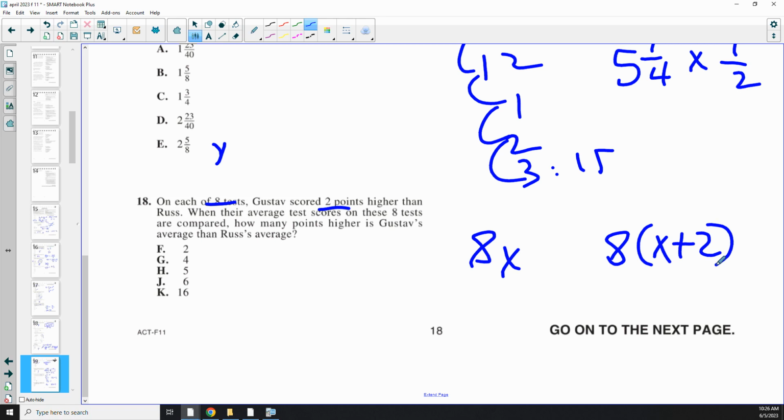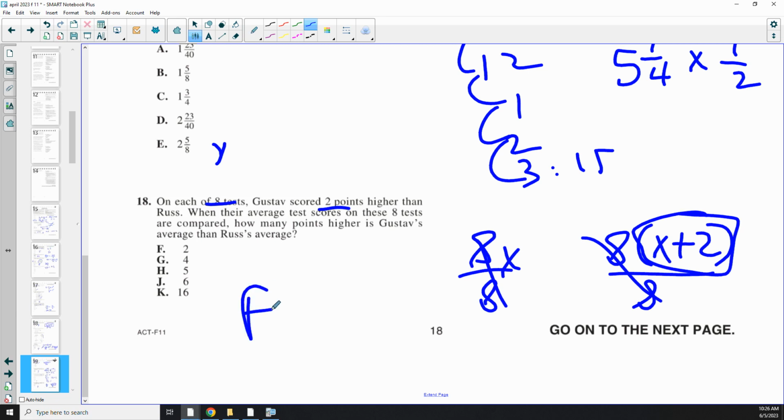To divide the total by 8, it would behoove you to see that the total of the second one, its average is just 2 points higher.